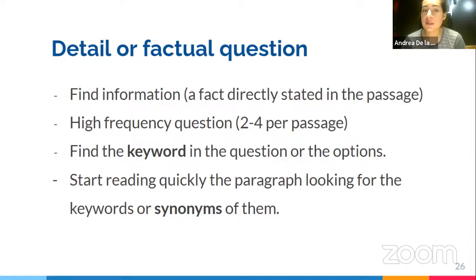The good thing about these questions is that they are really straightforward. They won't ever ask you about something that is difficult to find. It's something that is directly there. Sometimes it's even a little bit obvious. It's information that is directly there in your paragraph. Remember that it's a high frequency question. You get them very often. And we're gonna see how to approach these questions.